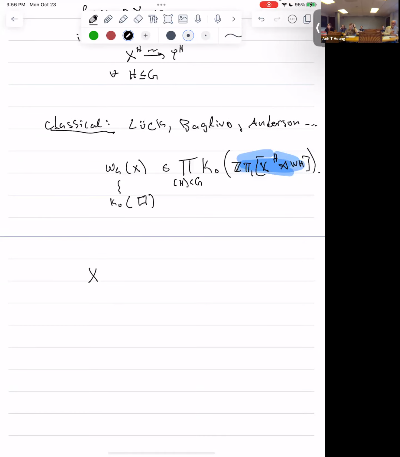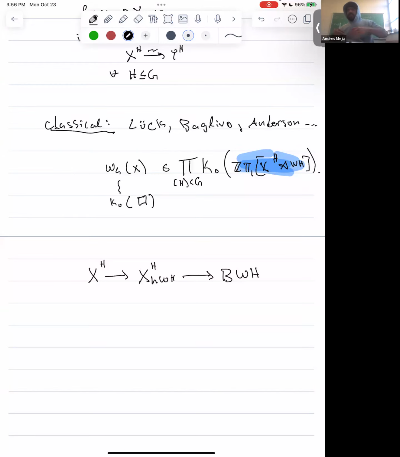So we know that there's a fiber sequence like this. Oh, and I should put it here. The BWH, where BWH in this context is just, let's say it's a K(WH,1) space, so any space with the free WH action whose universal cover is contractible.